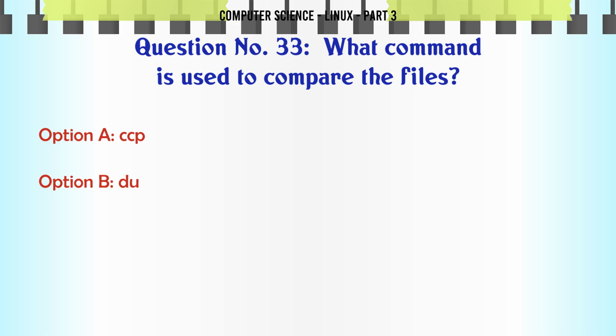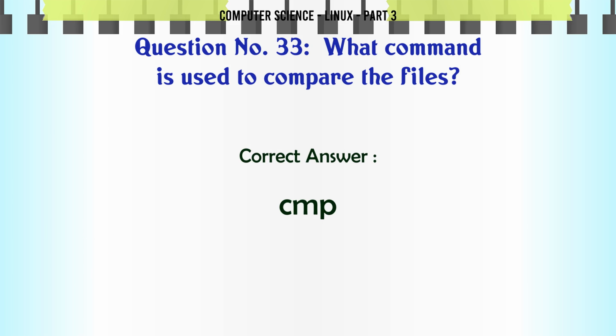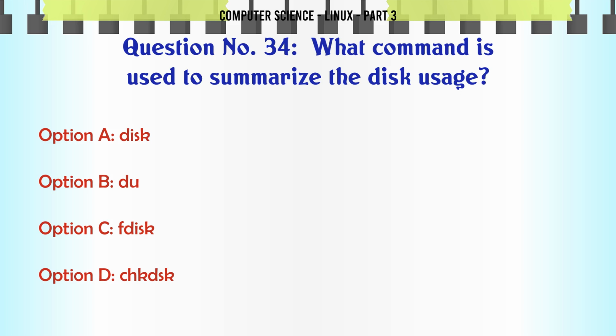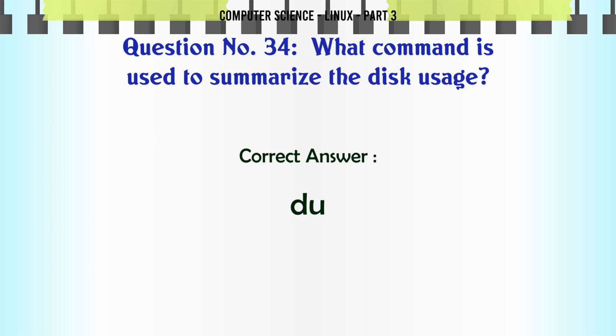A. ccp. B. du. C. cmp. D. comp. The correct answer is cmp. What command is used to summarize the disk usage? A. disk. B. du. C. fdisk. D. chkdsk. The correct answer is du.